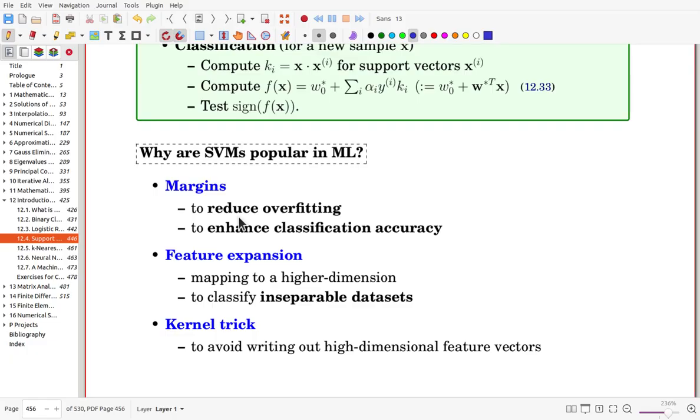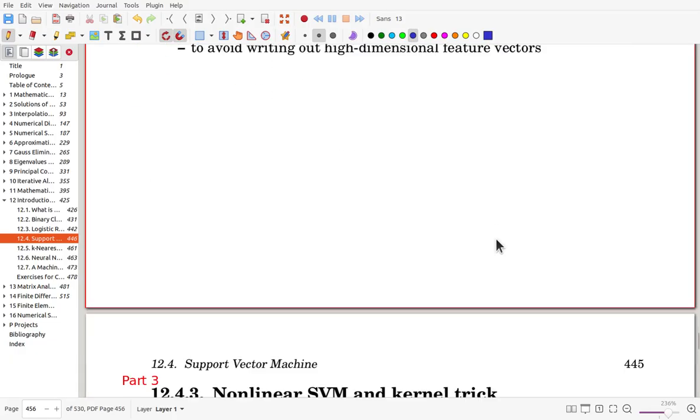However, we don't have to do it explicitly. By using a trick, we can avoid some complicated computation, which is called the kernel trick. By using these techniques, the support vector machine becomes quite powerful and also flexible. So support vector machines are quite popular in machine learning.